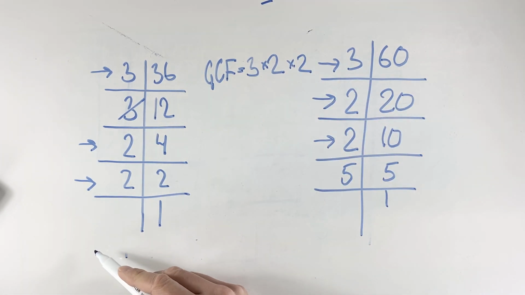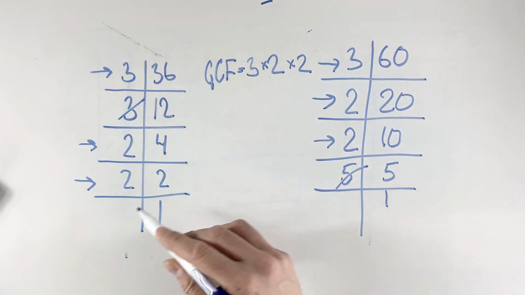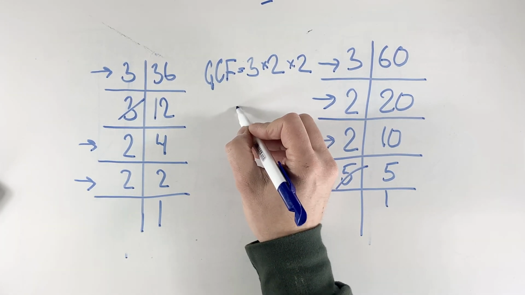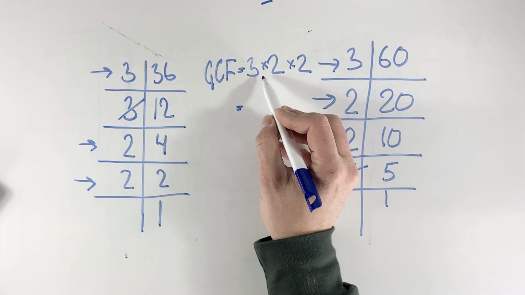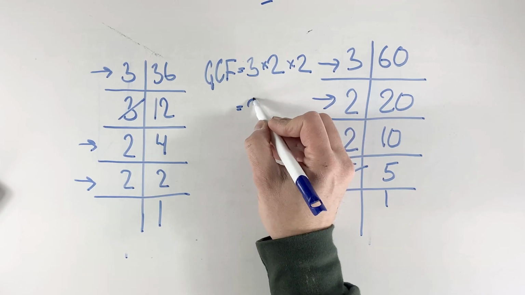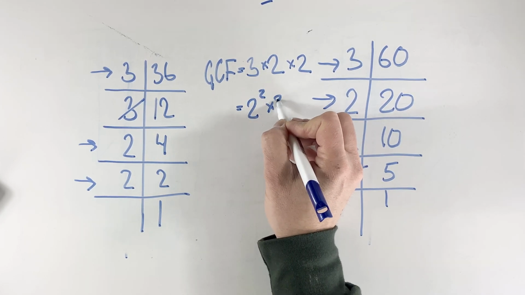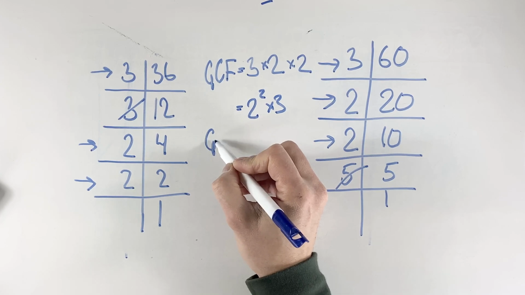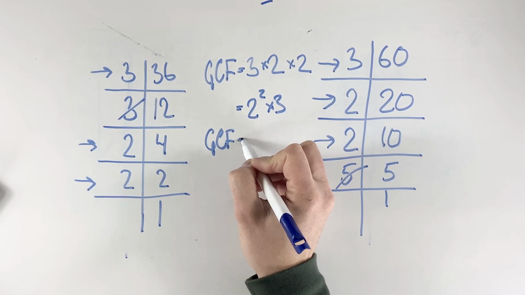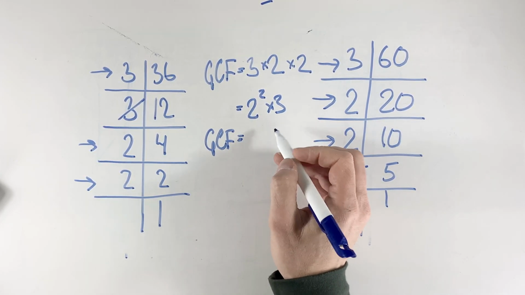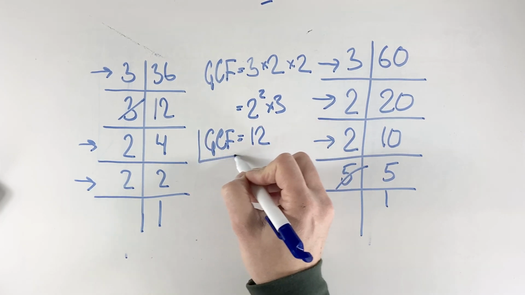And then that's it. The 5 here is not in common, so our greatest common factor is going to be 3 times 2 times 2. We can actually write this as 2 squared times 3, just to be a bit shorter. So the GCF here is going to be 2 squared is 4. 4 times 3 is 12.